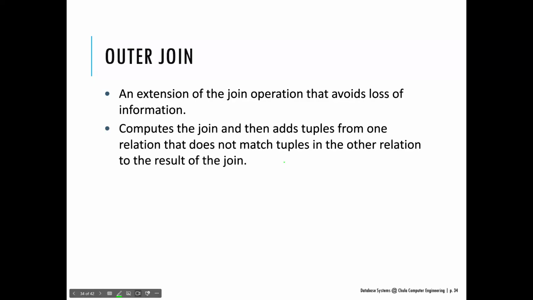So it would compute all the joins and then it would add the tuples that you want to maintain. However, there might be some information that does not exist after the join. Then you will use something called null to specify that there are some values that do not exist.